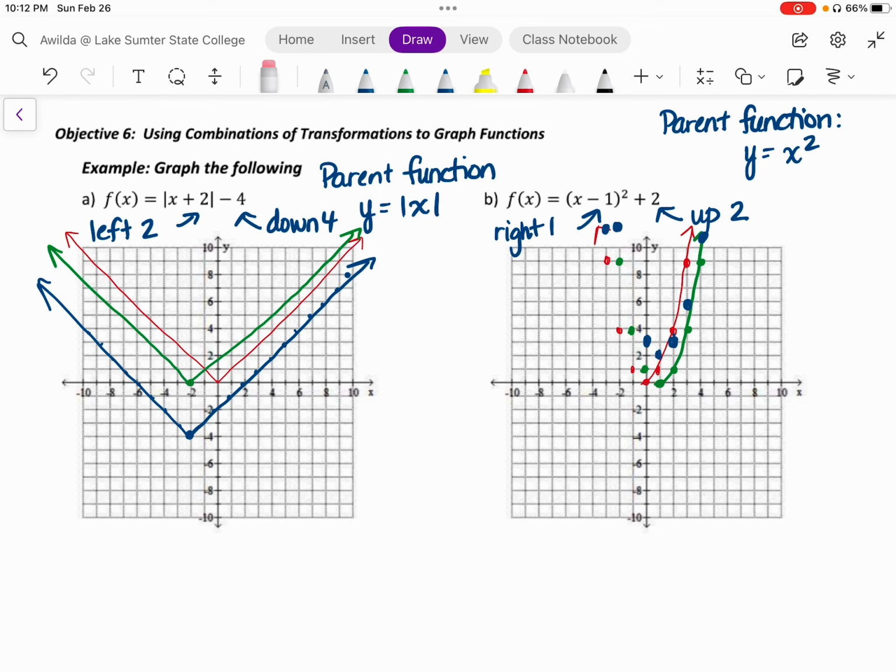That one there. So green dots, all of them 2 units up. All right, so finally here in blue would be my final graph. We started with the parent graph in red, then we moved everything to the right 1 unit in green, and then from there we moved everything up 2 units in blue.